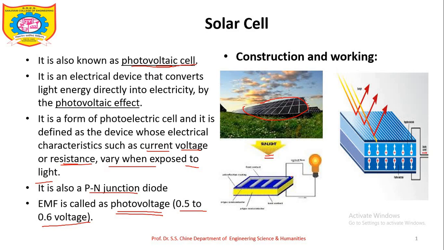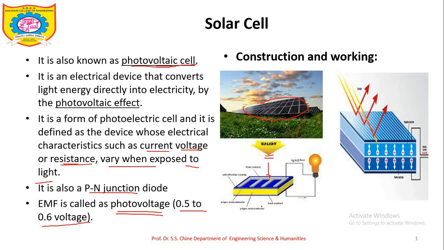In this diagram you can see the sunlight incident on the solar panel. In this solar panel, two types of layers are used. One is silicon doped with boron, which is P type, and the other layer, from the lower side, is N type.